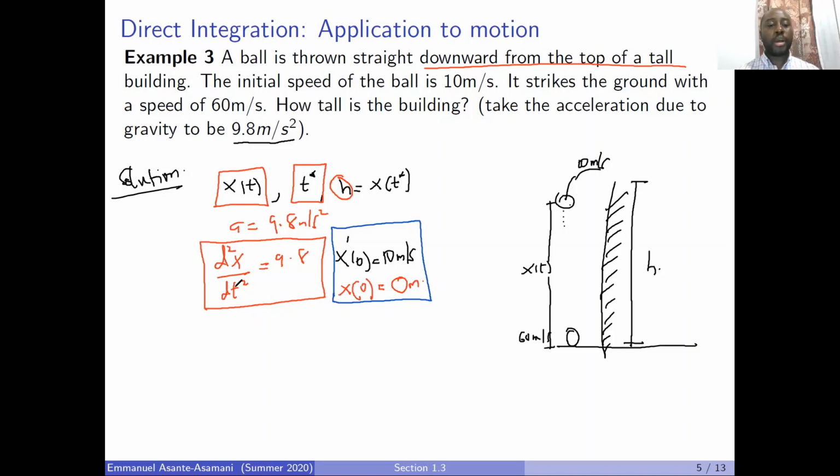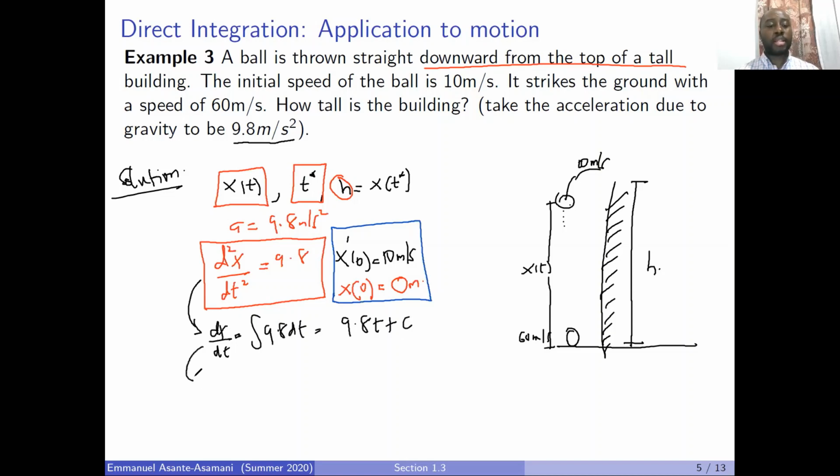All right, so let's go ahead and solve this. We can go from the second derivative to the first derivative by applying one integration. So this is the integral of 9.8 dt, and this would be 9.8 t plus some constant c.